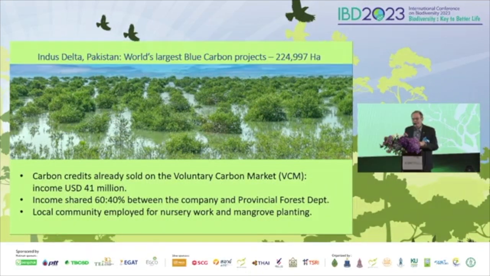It's in the Indus Delta in Pakistan, and it's almost 250,000 hectares. And you can see the financial arrangement. $41 million has already been paid in carbon credits, but I couldn't see a lot of evidence of the long-term benefits that the local communities are going to get from this particular project.